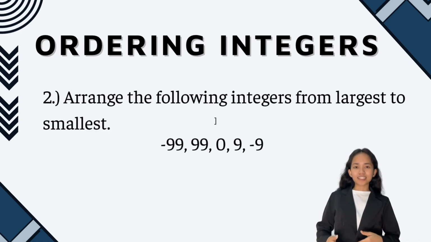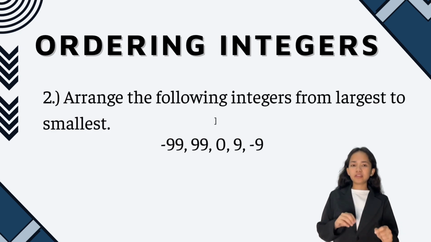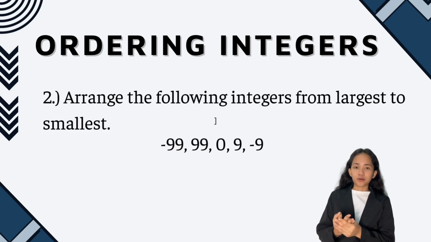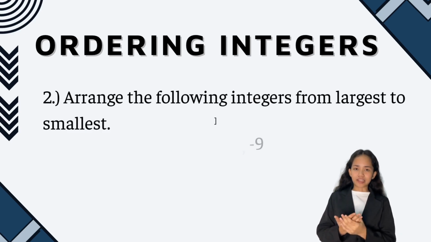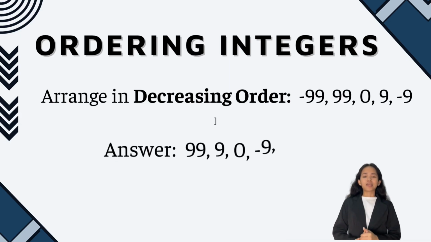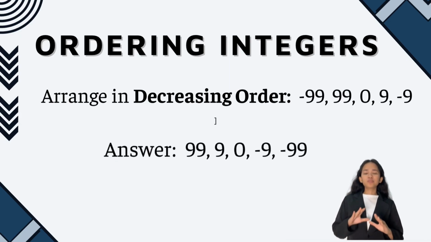Now, class, what if I told you to arrange the following integers in descending order? -99, 99, 0, positive 9, and negative 9. Which of those integers is the largest?